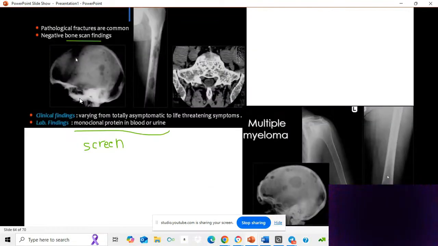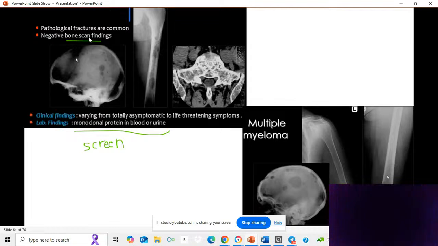Multiple myeloma, its laboratory findings: monoclonal protein in blood and urine. So in a multiple myeloma screen, blood and urine tests will show monoclonal protein.